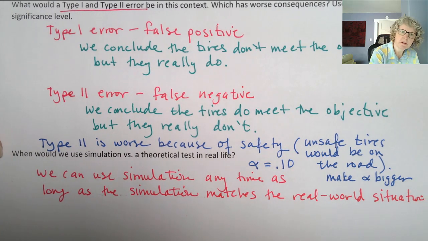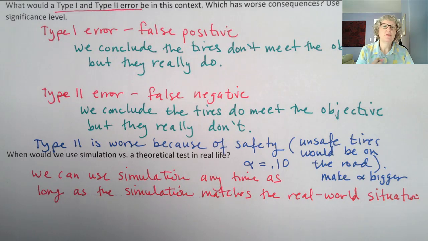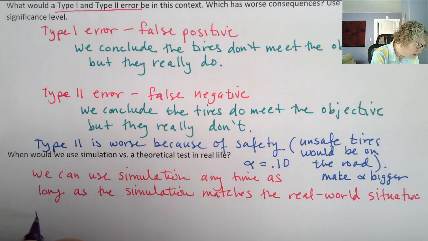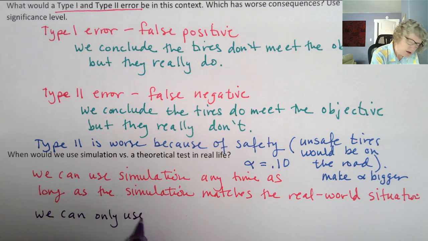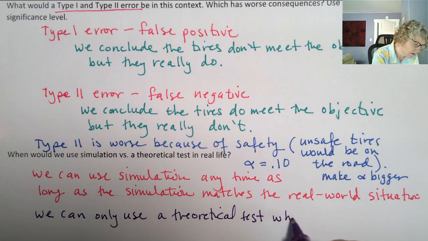Like we've looked at flipping coins before, doing a 50-50 kind of thing. We have to be able to have a simulation process that matches whatever kind of probability is going on. And luckily we have a lot of tools to do that now. We can only use a theoretical test when the conditions are met.